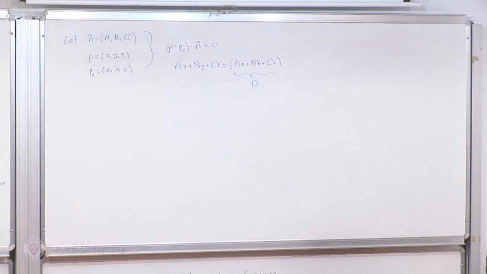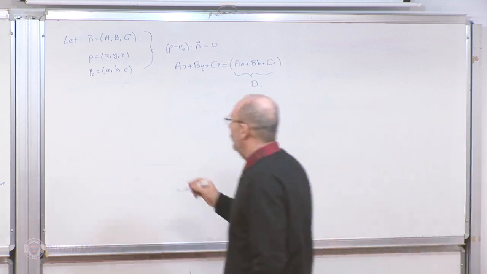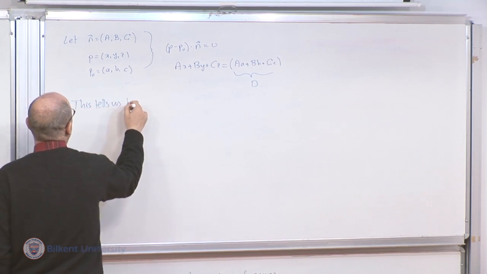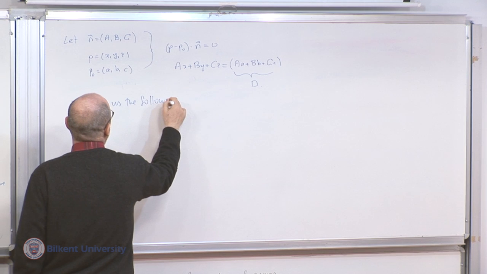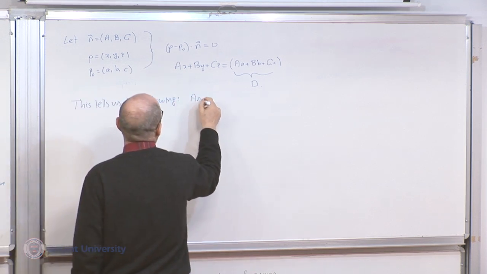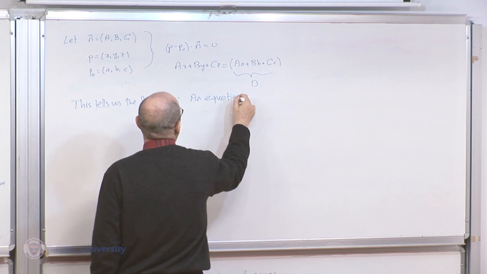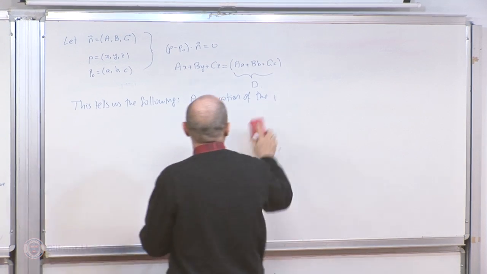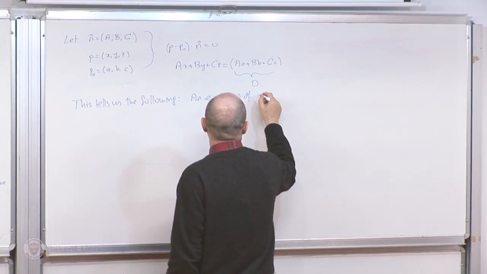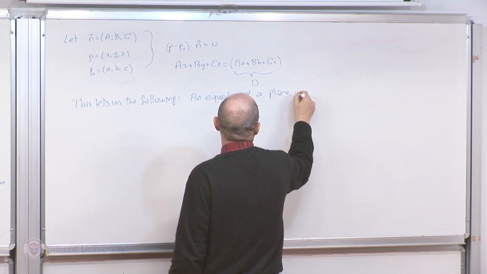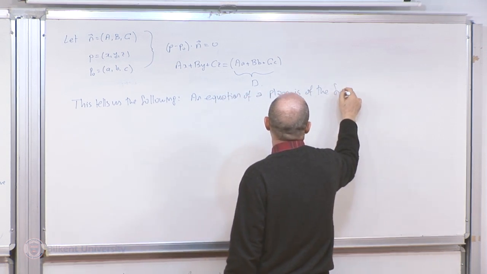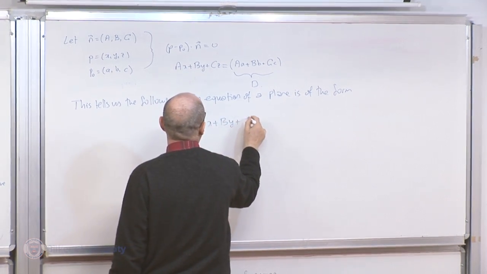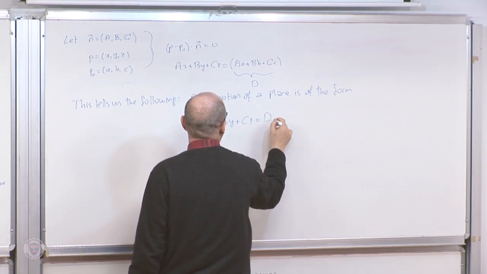So when we have an equation like this, it tells us the following: an equation of a plane is of the form ax plus by plus cz equals d.